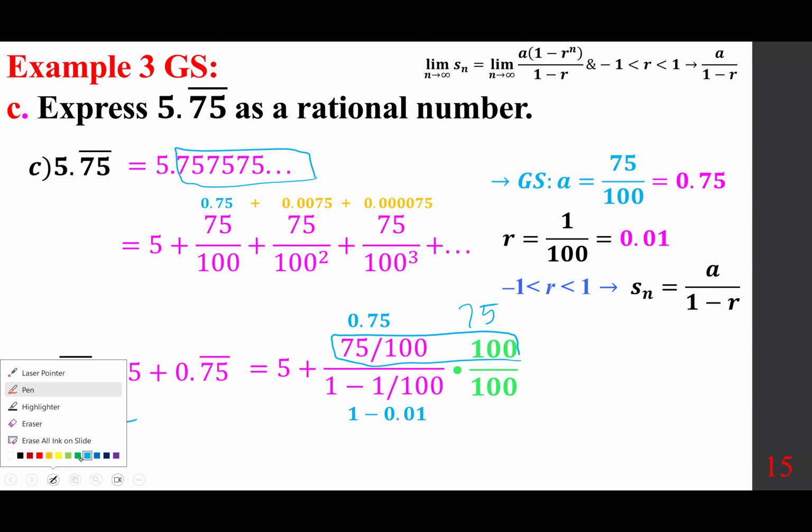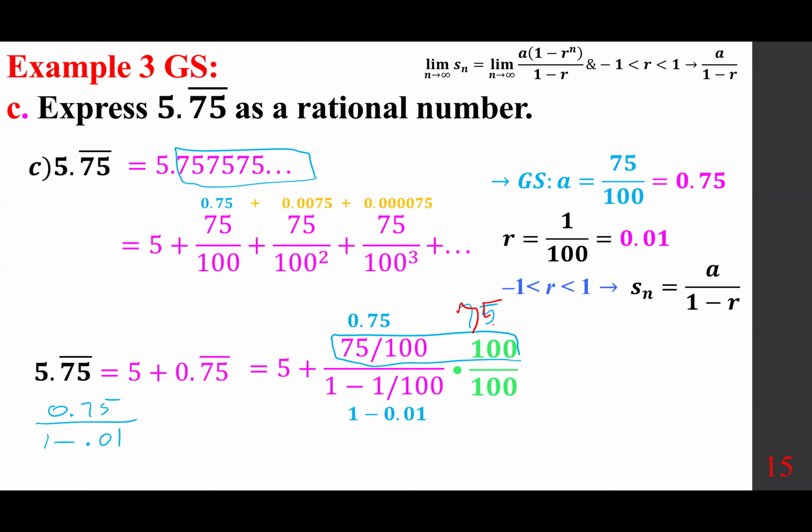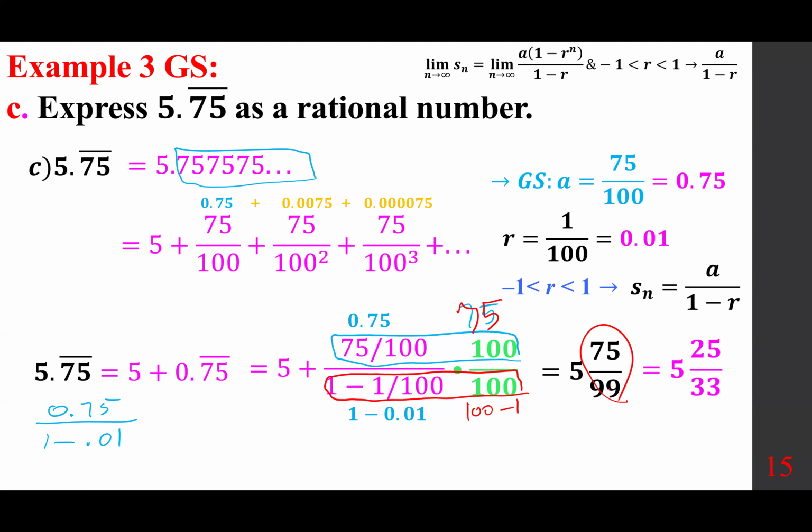Let me use a different color. This will give us 100 minus 1. So we get 75 over 99. This fraction, the top and the bottom are divisible by 3, becomes 25 over 33. And if you want to write it in this format, it is absolutely fine.